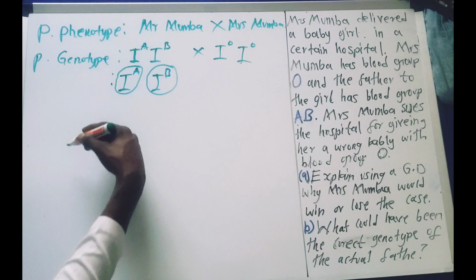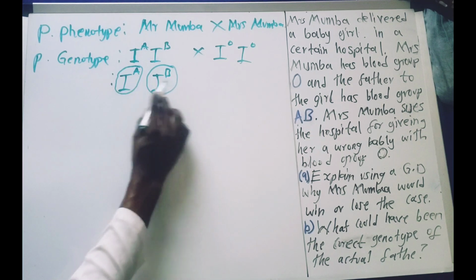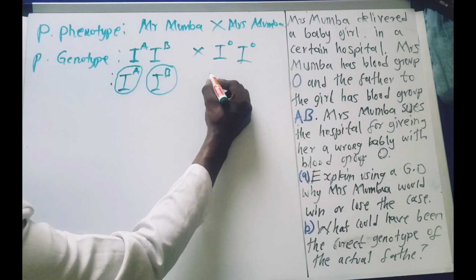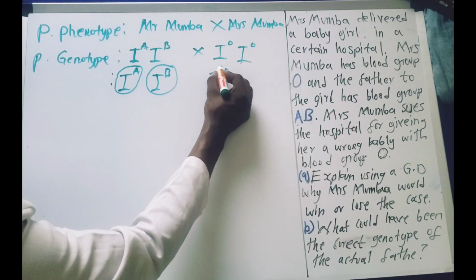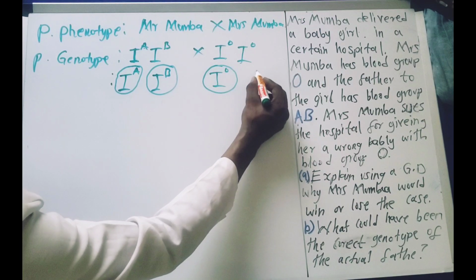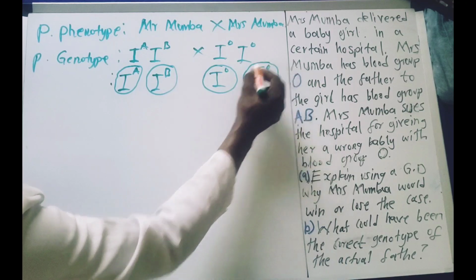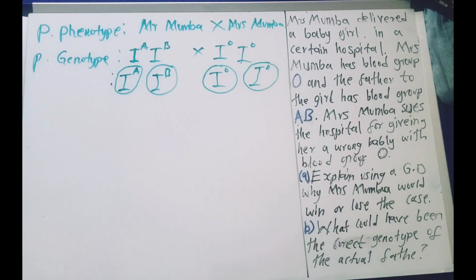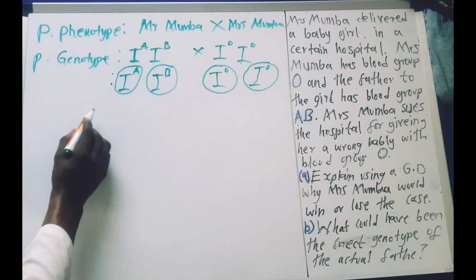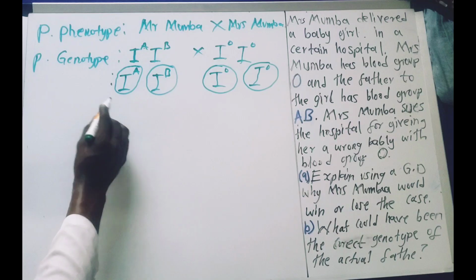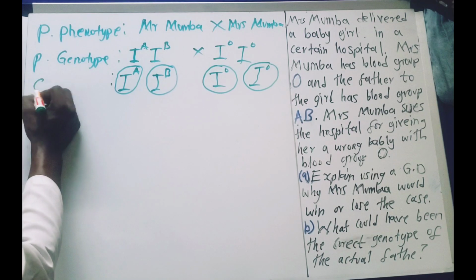I'm going to circle them here. For this one as well, you just separate the two I's. These are our gametes.